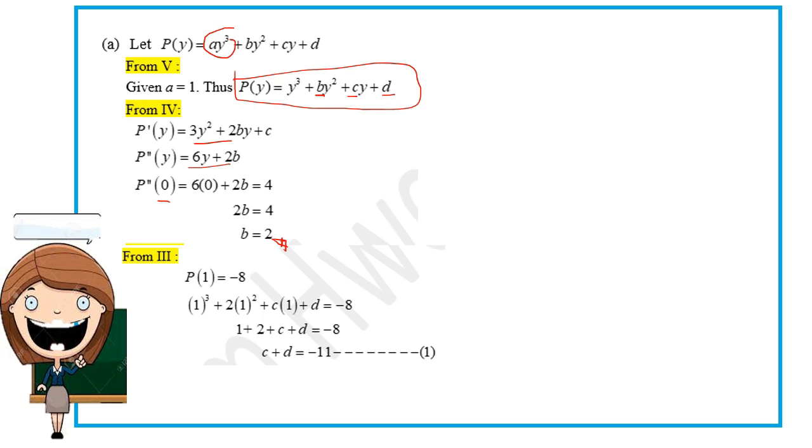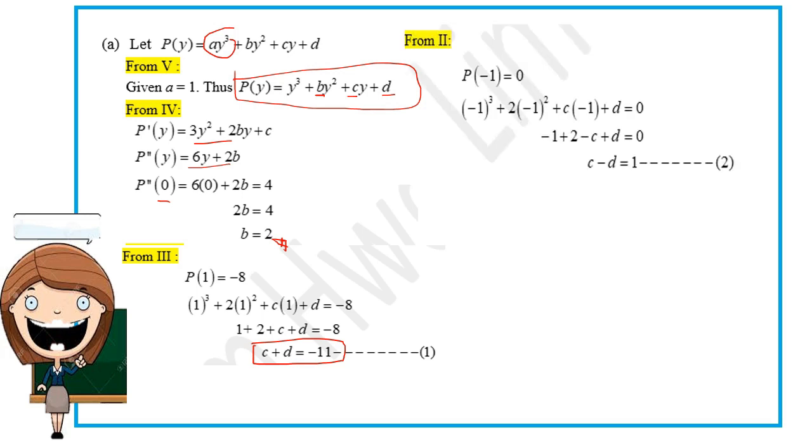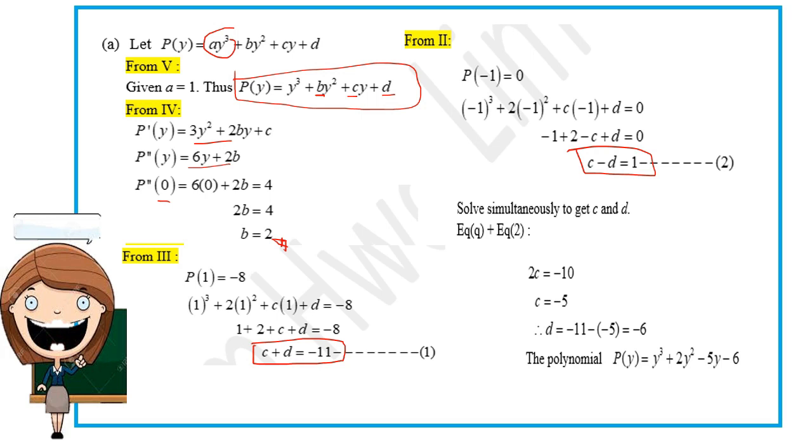We use this information to form the first equation. And it also says that the polynomial p(y) has the factor y plus 1. That means p of minus 1 will be 0, so we can form the second equation. We simply solve equations 1 and 2, so we get the value of c as minus 5 and the value of d as minus 6. Now we have the polynomial y cubed plus 2y squared minus 5y minus 6.